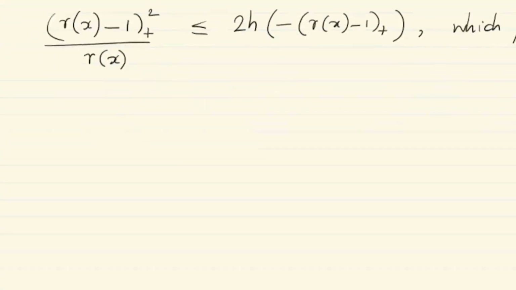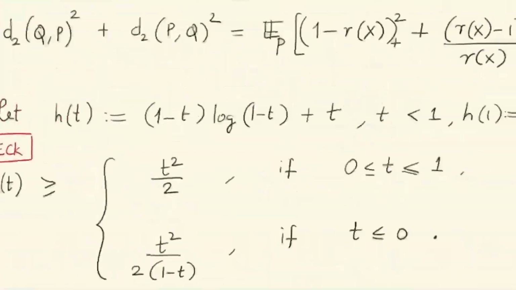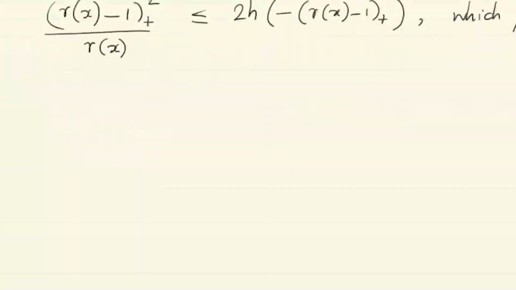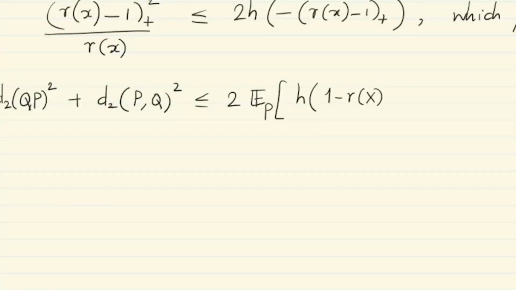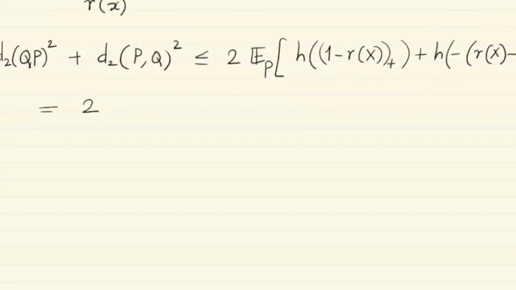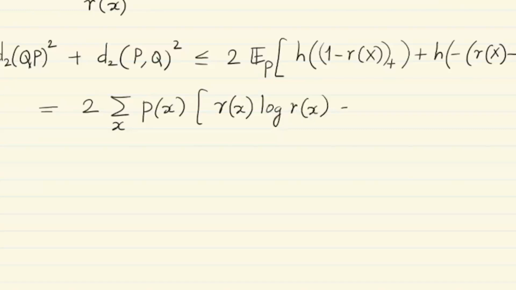which in turn yields that, if you go back to d2(q,p) squared plus d2(p,q) squared and plug in the upper bounds on the right hand side, d2(q,p) squared plus d2(p,q) squared is at most twice the expectation under p of h of (1 minus r(x))_+ plus h of the negative of (r(x) minus 1)_+, and this, if you write out explicitly, turns out to be exactly the sum over all x of p(x) times the expectation under p of r(x) log r(x) plus 1 minus r(x).